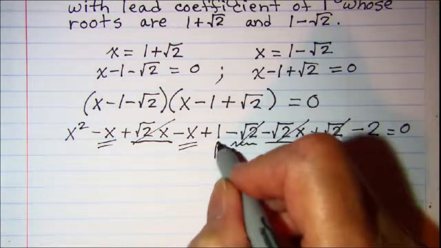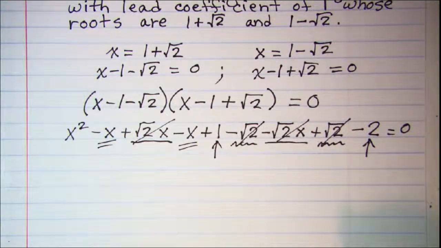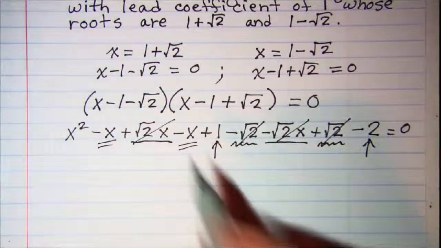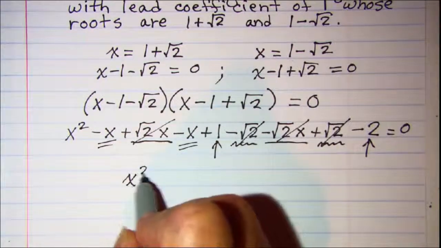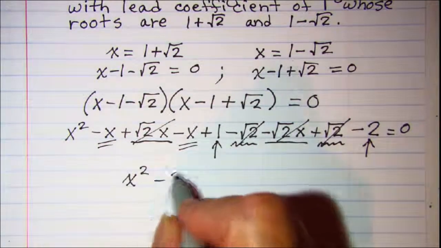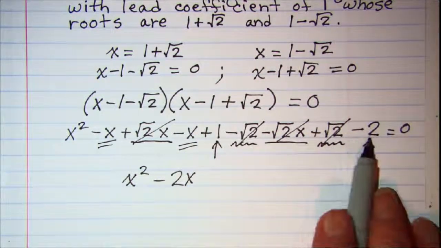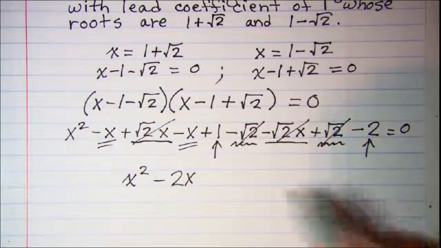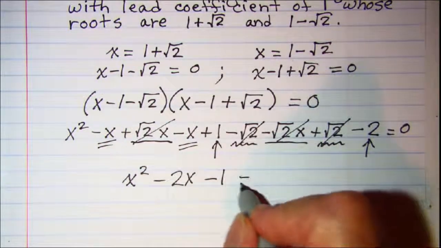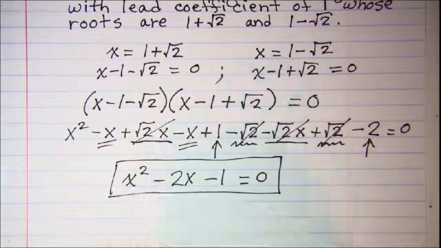And then I have a positive 1 and a negative 2. So let's write our equation. We have x squared. Negative x and negative x is negative 2x. And then positive 1 and negative 2 is negative 1. So here's our quadratic with a lead coefficient of 1.